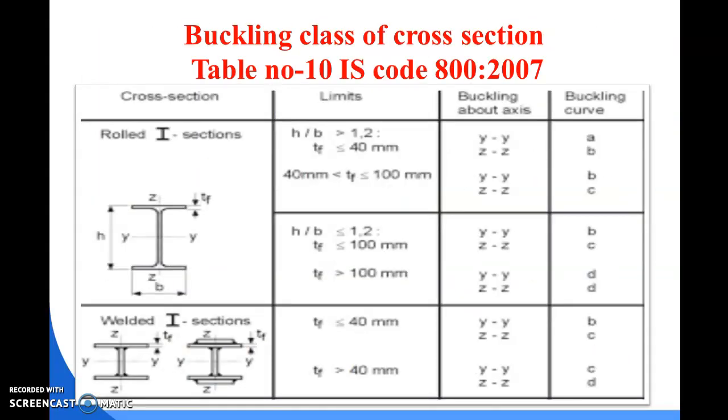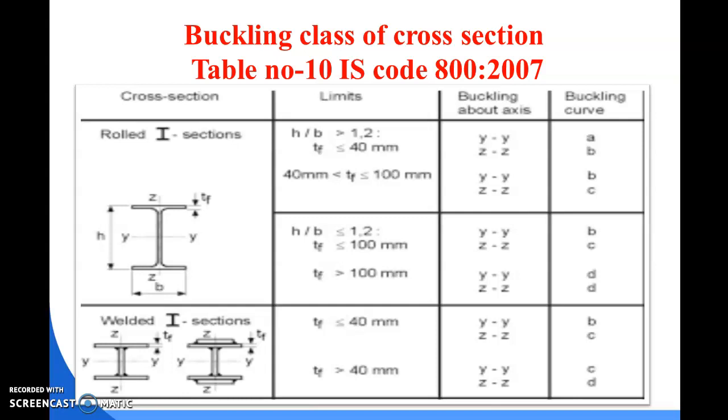So now, for the buckling class, first of all, whenever in the question you are given a compression section like I section or channel section, whatever that may be, there are some conditions by which you can identify what kind of buckling class the section has.